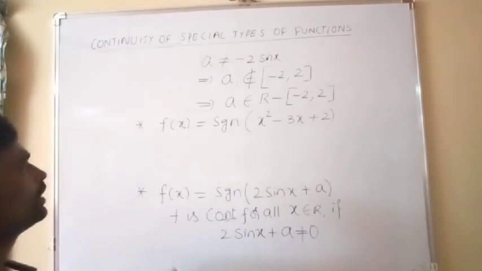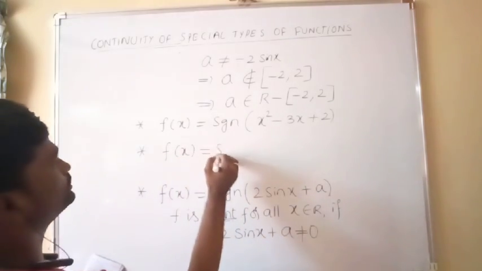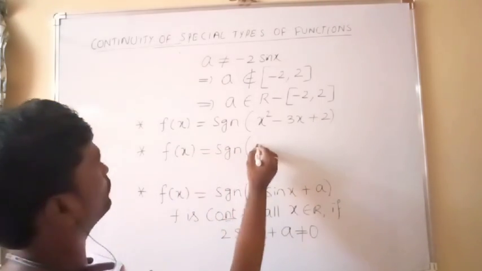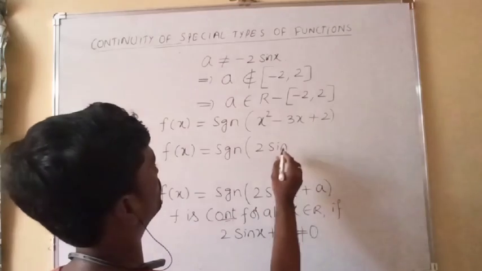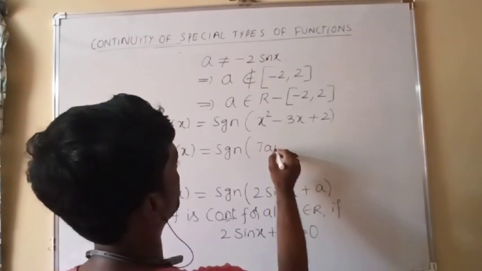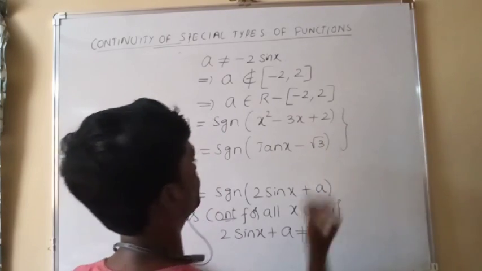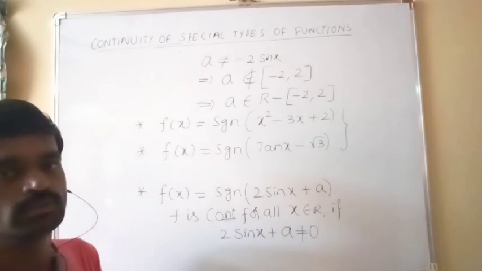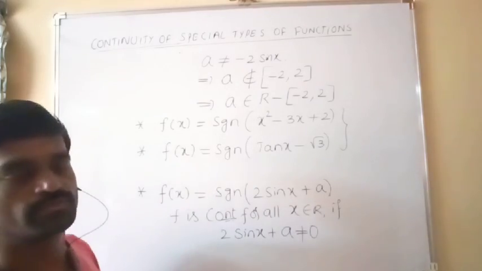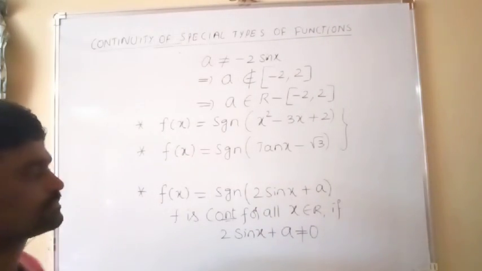And the second problem: f of x is equal to signum of (tan x minus root 3). So solve these two problems as homework. Find the points of discontinuity of these two functions.